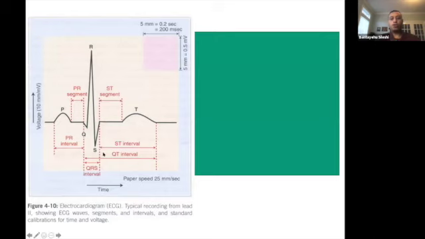Okay, so a typical cardiac cycle has a P, QRS, and T, and then there are normal levels of the intervals. So you have the PR interval, the QRS interval, the QT interval, and then the ST segment. So what is a normal PR interval?